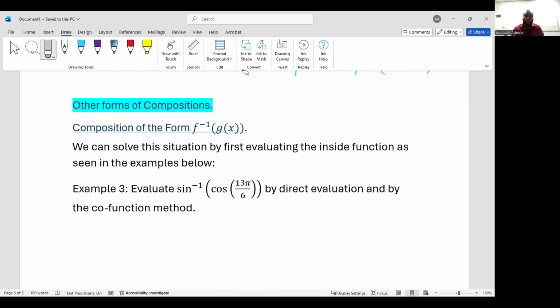Let us briefly look at other forms of composition. Up to this point, we have looked at this form, F of something like this. We did not bother to look at the other form because we know that it is always x.